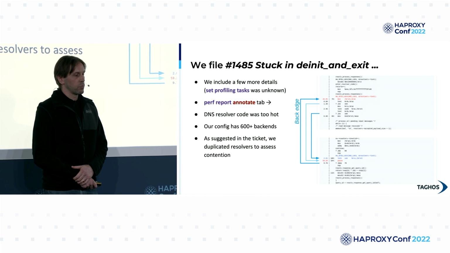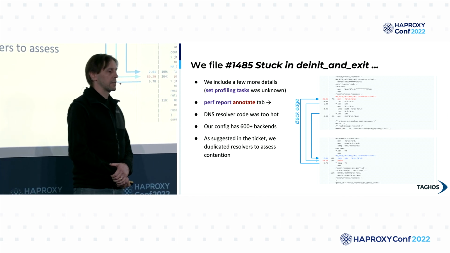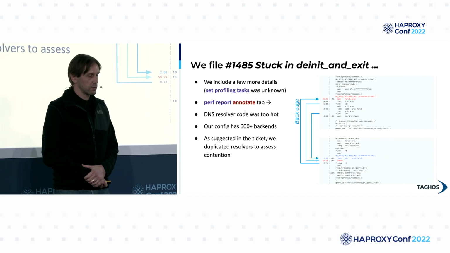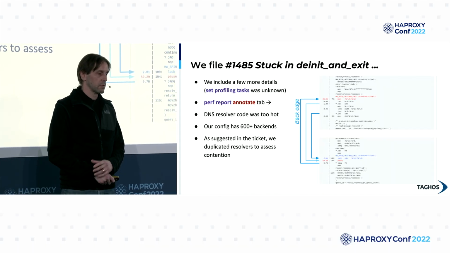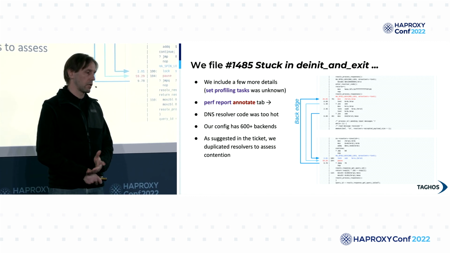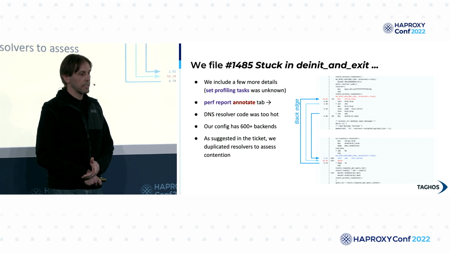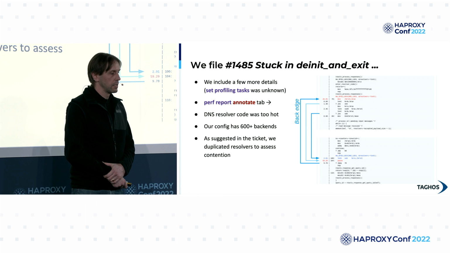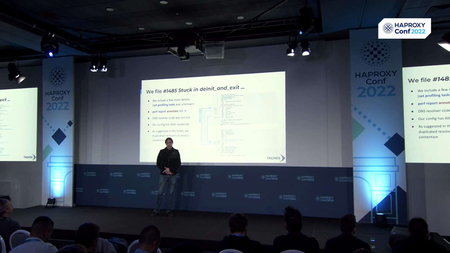At the time, we quickly filed a ticket. We didn't know about set profiling tasks then, so we had less data. But from perf report annotate, it was pretty easy to notice that there was indeed a hot loop, a contended loop, with threads, which makes sense.